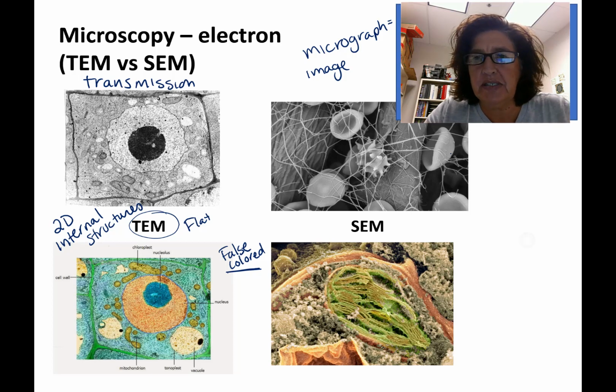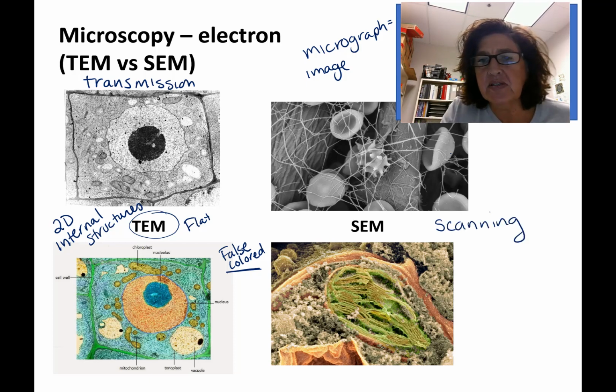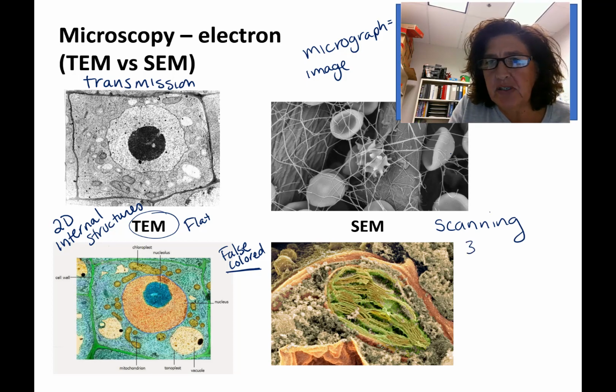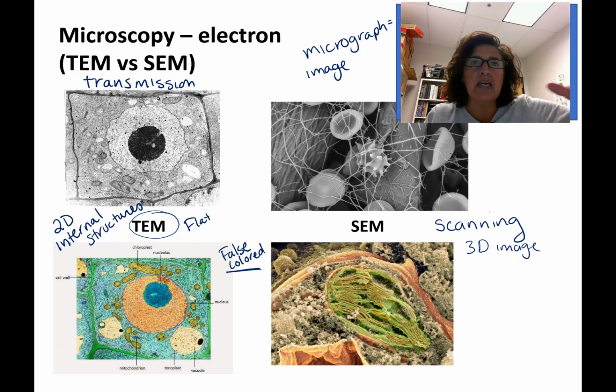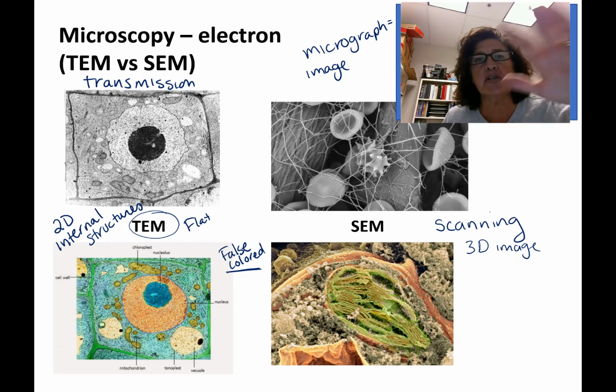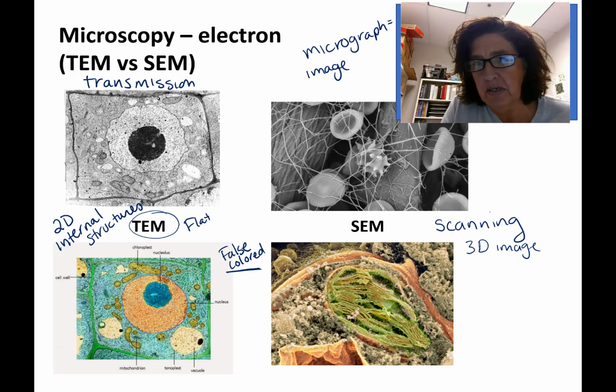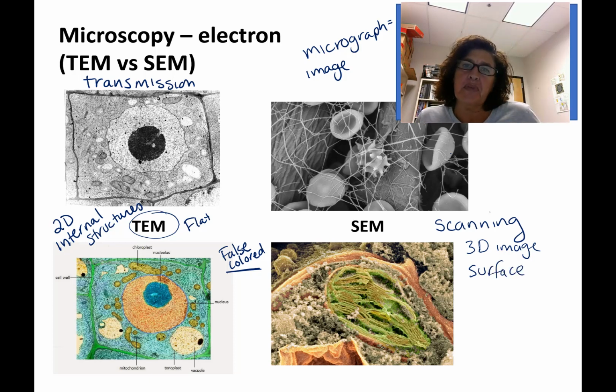Scanning, SEM, S stands for scanning electron microscopy. And this is where you get a 3D image. So this is scanning across the surface. So with transmission, the electrons are transmitted through. With scanning, the electrons go across the surface. So you get these really cool looking pictures.